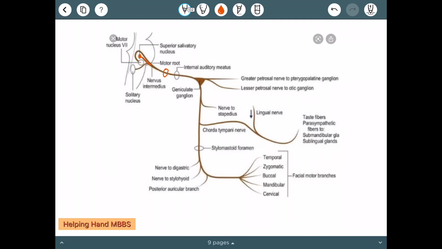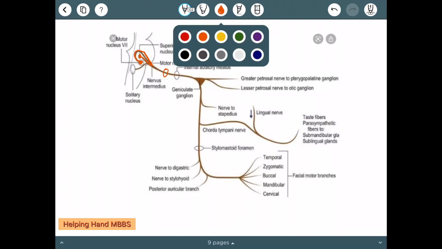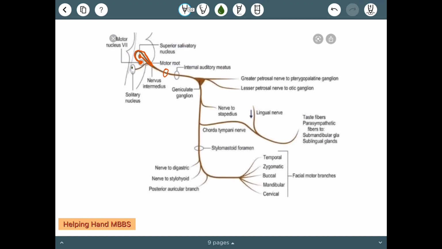You can also see that there is a motor nucleus of facial nerve giving a branch which is also entering the facial nerve. And here you can see that there is a nucleus tractus solitarius, this is NTS. It is also giving a branch which is entering the facial nerve. So facial nerve comprises these 3 branches from various nuclei, that is motor nucleus of facial nerve, superior salivatory nucleus and the nucleus tractus solitarius.